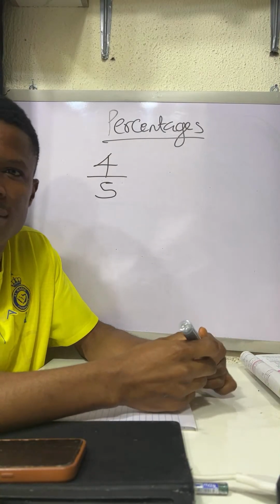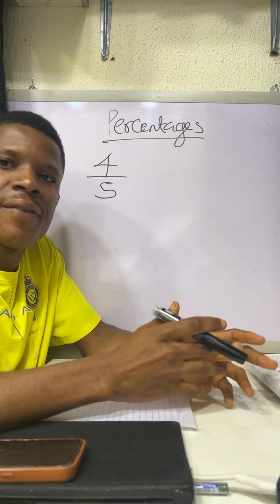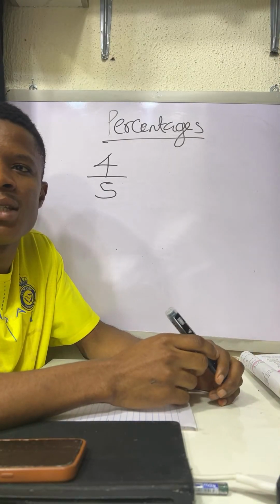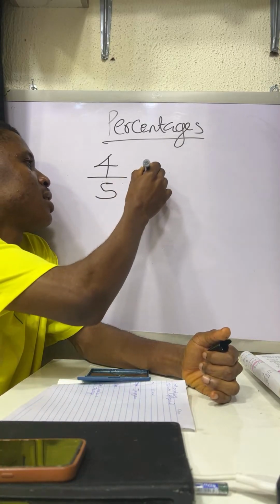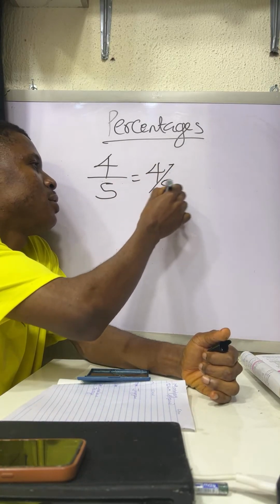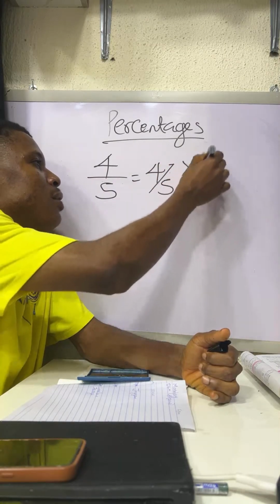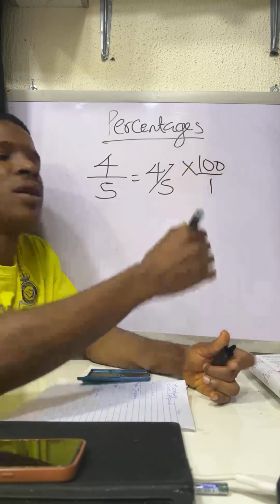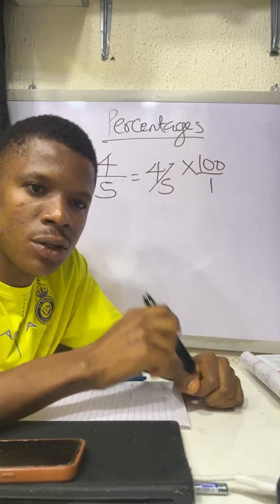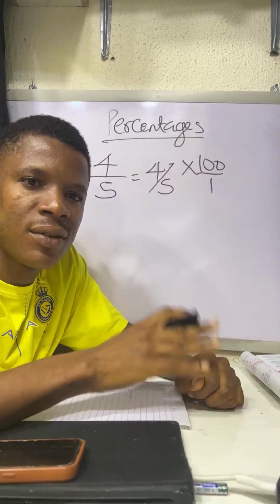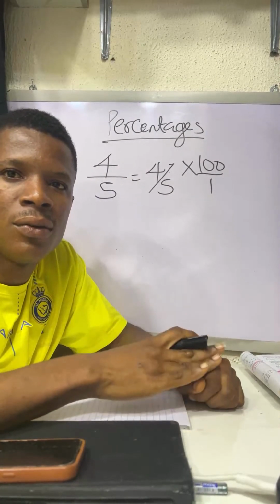To convert 4 over 5 to percentage, you have to multiply it by 100 over 1. Whenever you are given any fraction to convert to percent, you multiply the given fraction by 100 over 1.